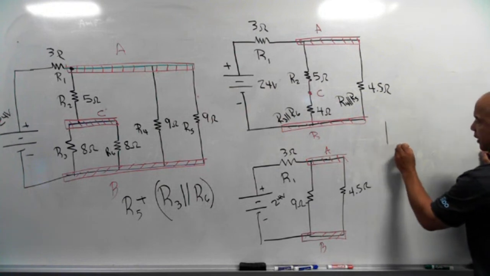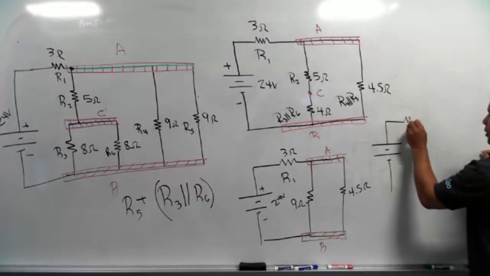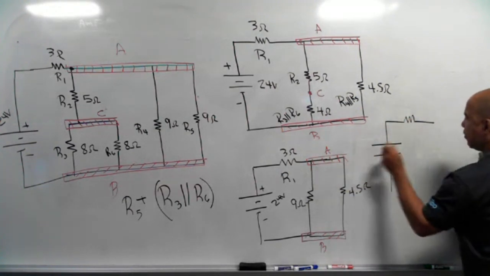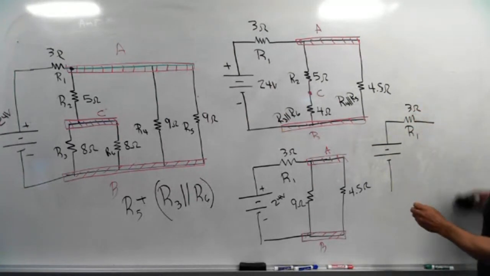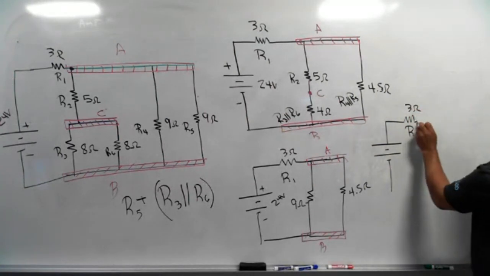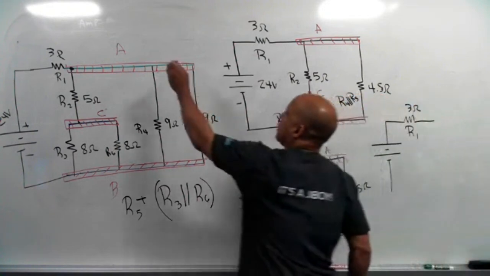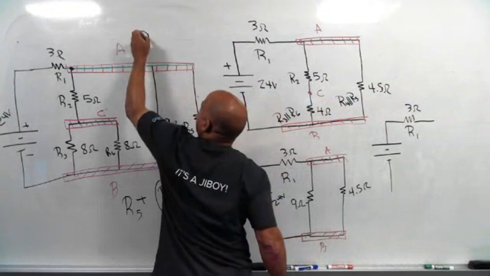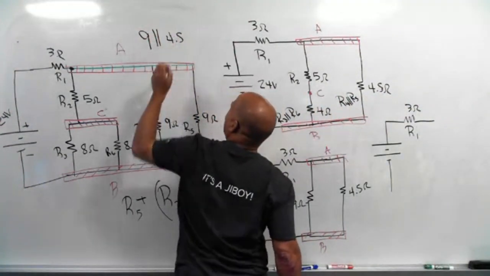I'm going to scrunch this in here though. I got this resistor, just that one. These two are in parallel. So I need for somebody, anybody still out there, I got 9 in parallel with 4.5. Anybody have that number?